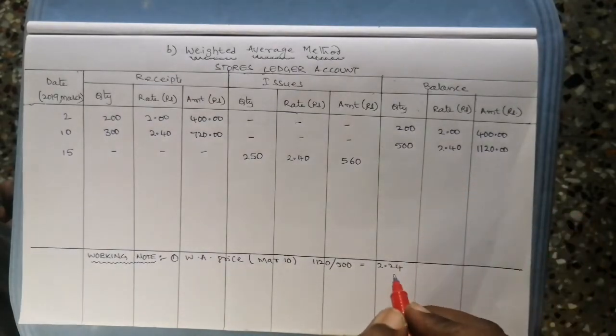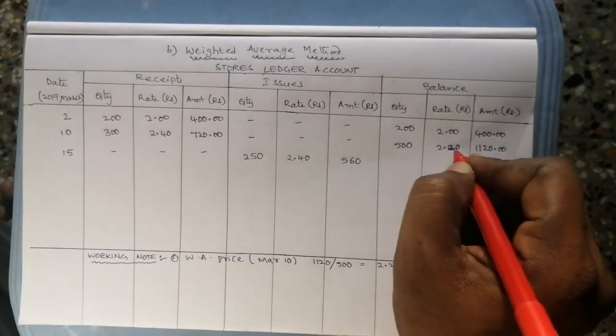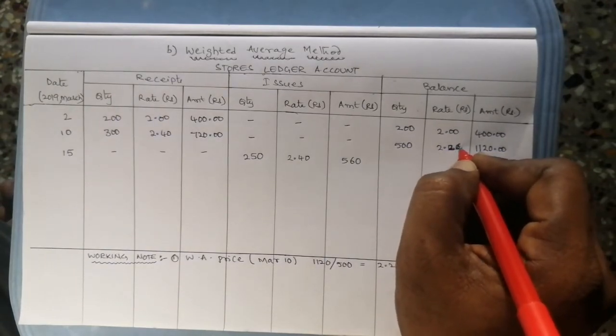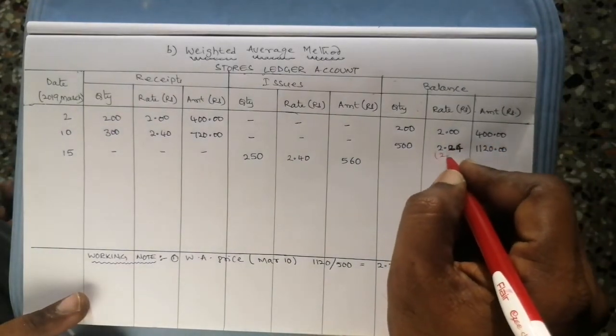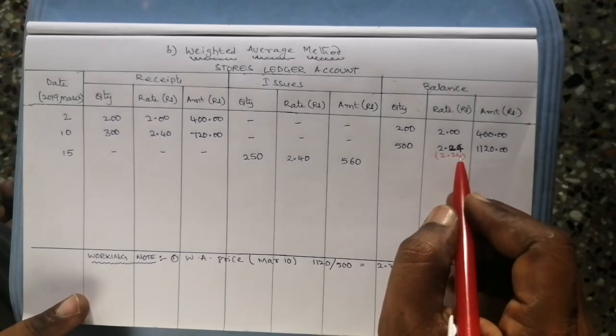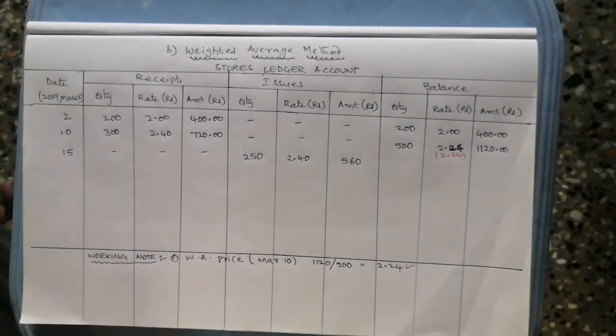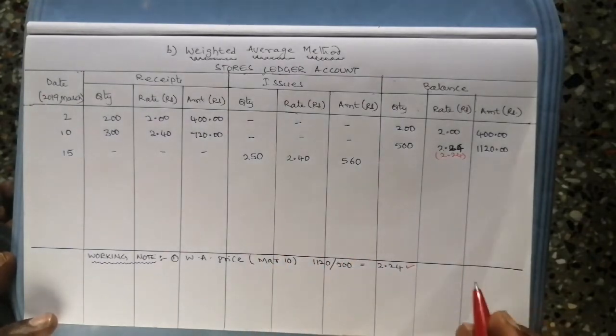It is not 2 rupees 40, it is 2 rupees 24. I have mentioned the wrong one here. Here we have to show this rate, 2 rupees 24, but I had shown 2 rupees 40. That is the reason we are getting some confusion.